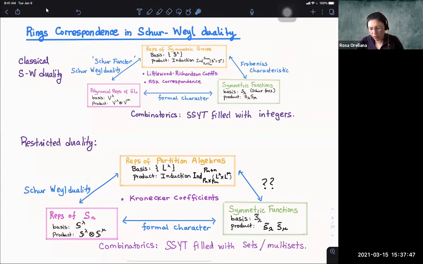And as we were looking at different insertion algorithms, Mike asked me, when you do the RSK correspondence, you have the Howe duality, right?